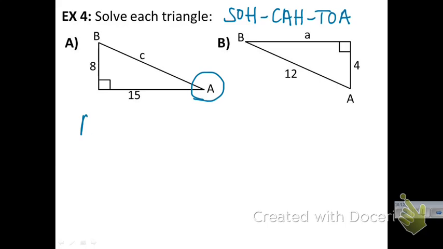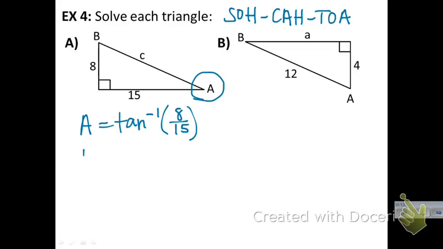So we're going to say A equals the inverse of tangent. We're using the inverse because we are trying to find angle A, using the ratio of the sides, opposite 8 over adjacent 15. And from here you just go to your calculator and type that in.